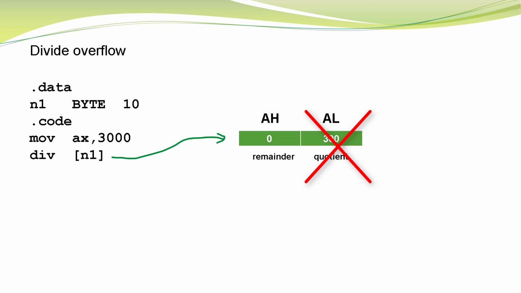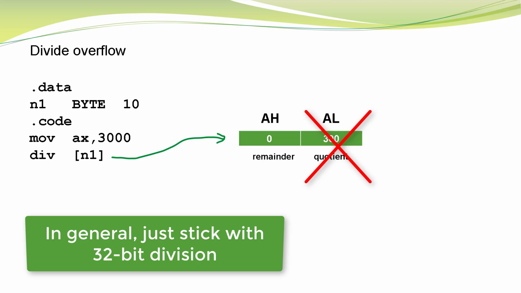Now, the way to avoid this is pretty easy. As I've said a couple of times in this video, the type of division we're going to be doing the most is 32-bit. And the reason is, in a high-level language, 32 bits represents an int. So I think if you just stay with 32-bit division, you will avoid this division overflow. Fairly easy.